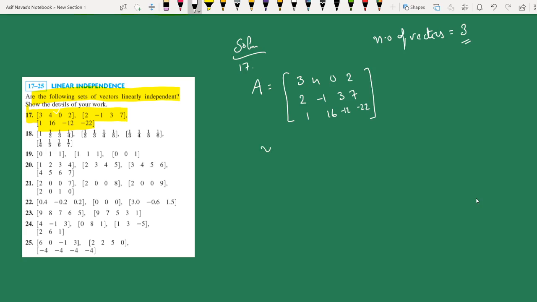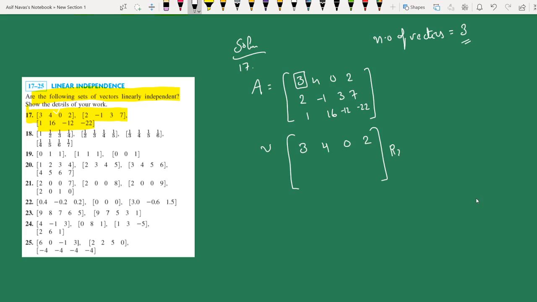Now you find out the rank. How to find the rank? Find the row echelon form. What is the first pivot? Three.